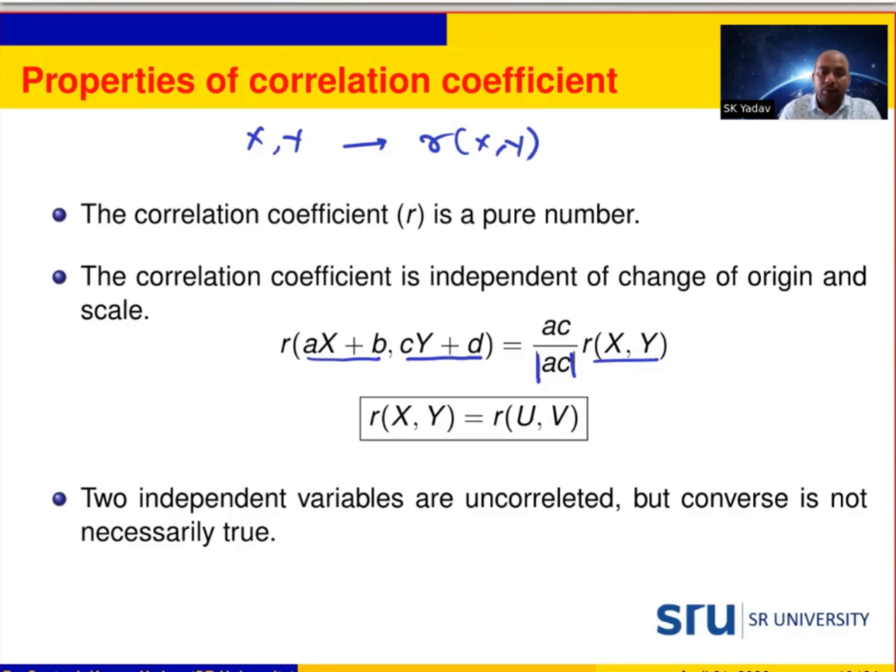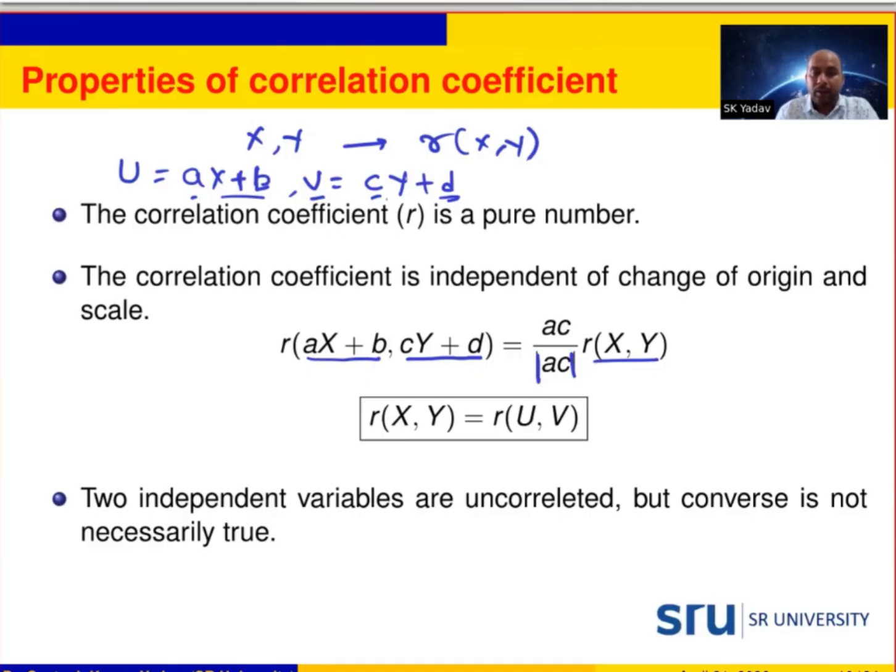Now if I define some new variables, let's say u equal to ax plus b and v equal to cy plus d. That means I am adding a number to x and multiplying with a, and v is defined as cy plus d, adding d and multiplying by c.